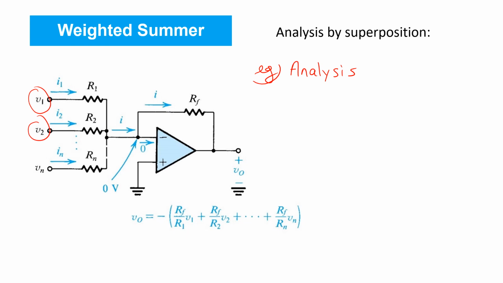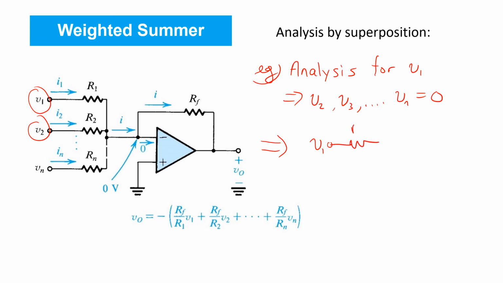So for example, if we were to complete the analysis for V1, then we would set V2, V3, and so on up to Vn all equal to 0, which is the same as connecting those terminals to ground. So the resulting circuit would look like this.